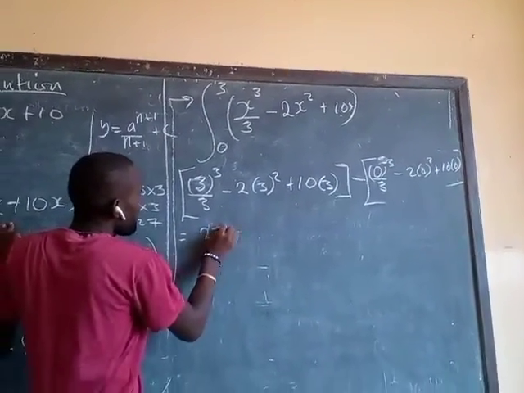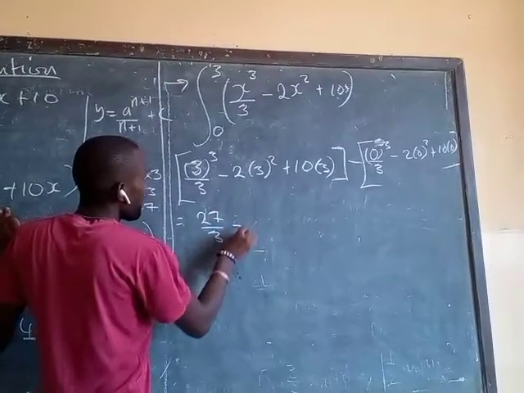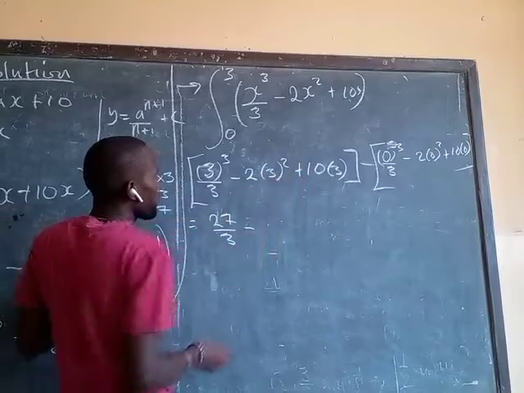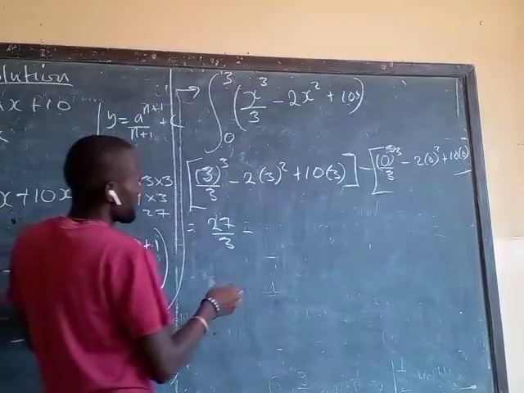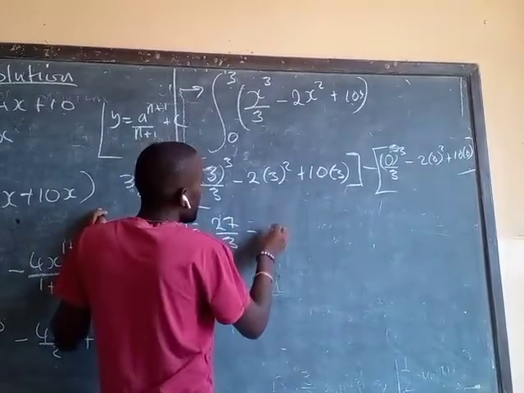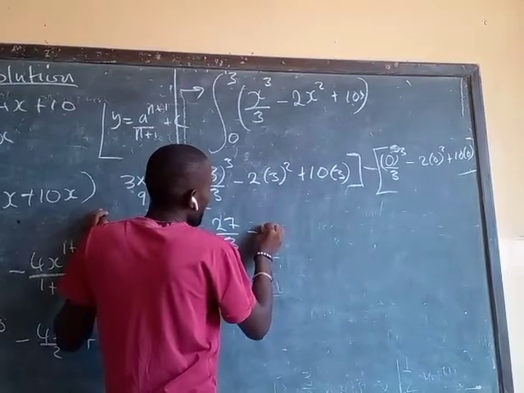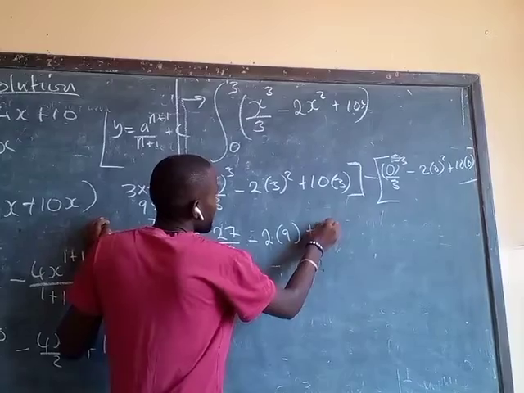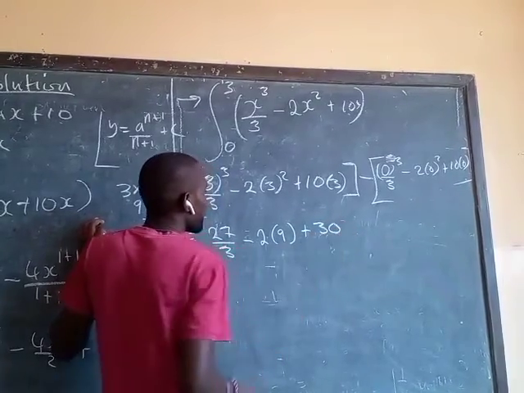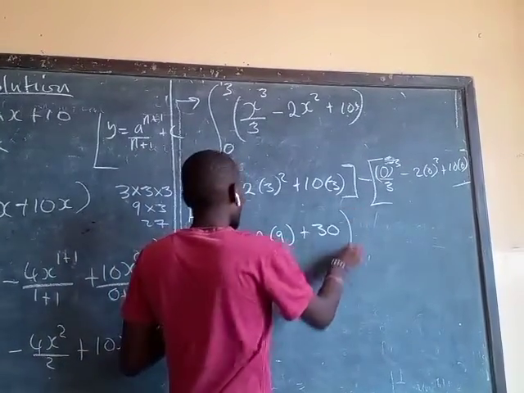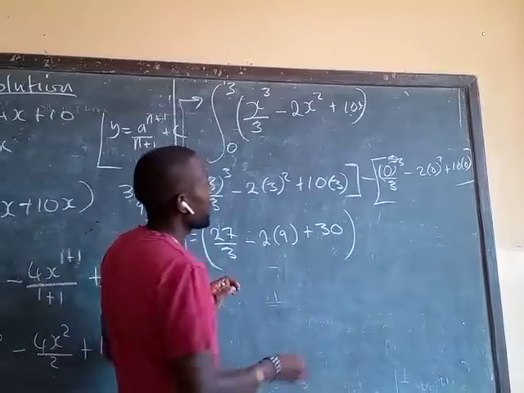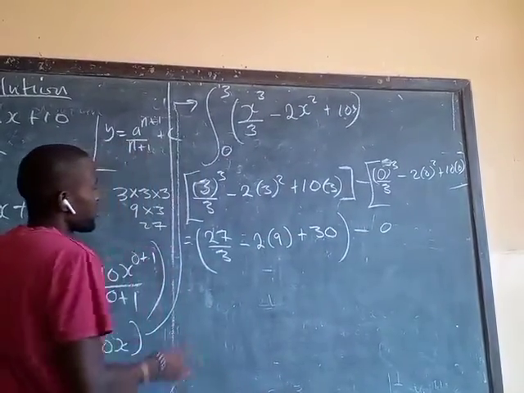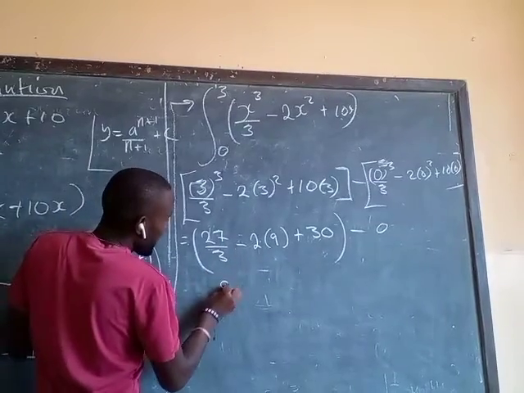So it will be 27 over 3 minus 2 multiplied by 3 raised to the power 2, which is 9, plus 30. Okay? So we have it like this, minus whenever it's there, it is 0. 27 over 3 we know is 9.